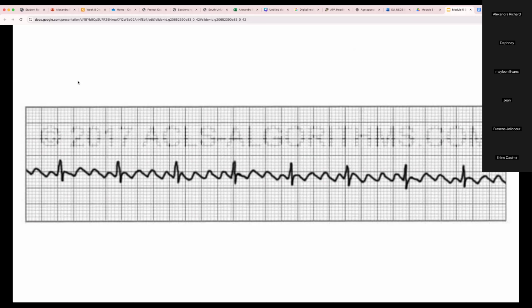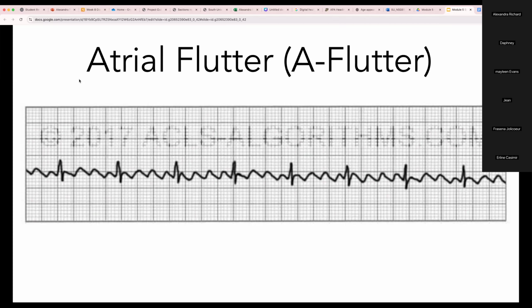Okay, very good. This is atrial flutter, and we use the same medications, diltiazem, metoprolol, or a type of beta blocker, long-term management with an anticoagulant like warfarin.